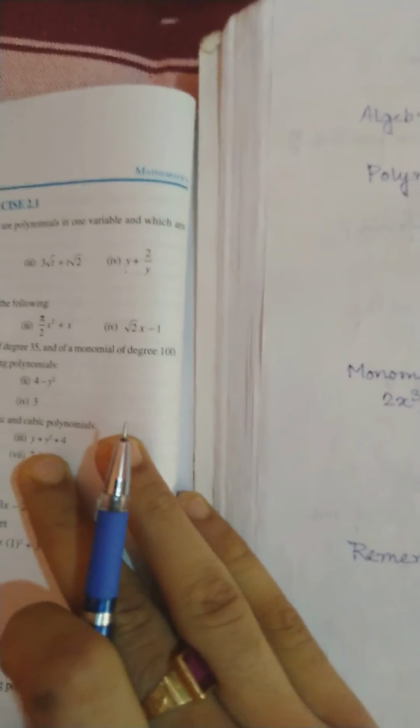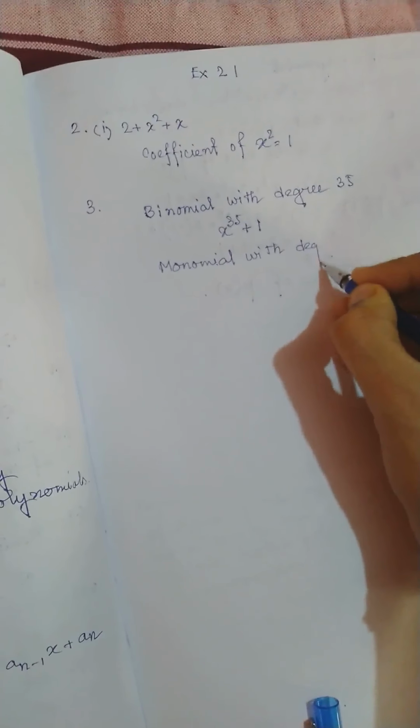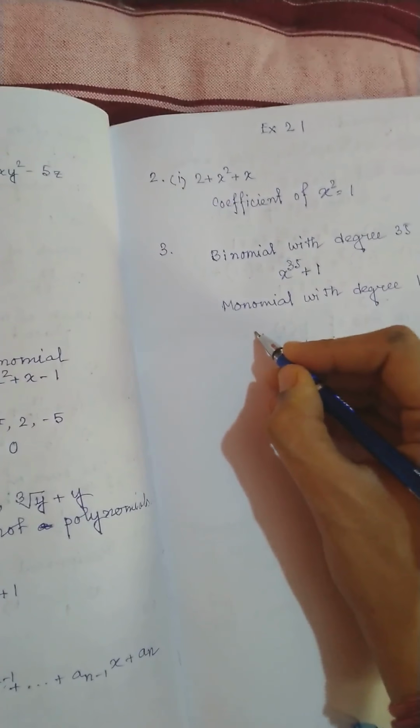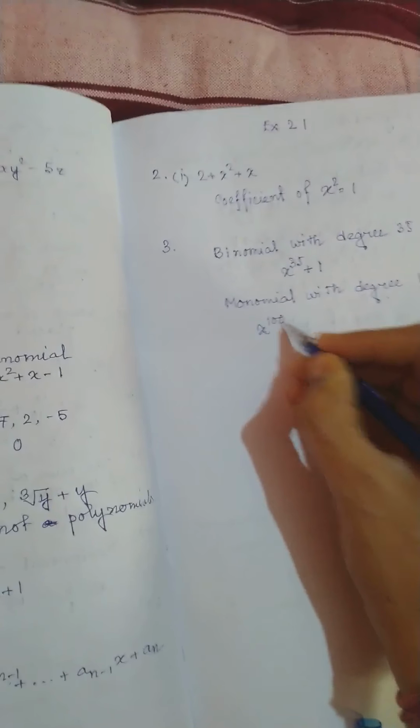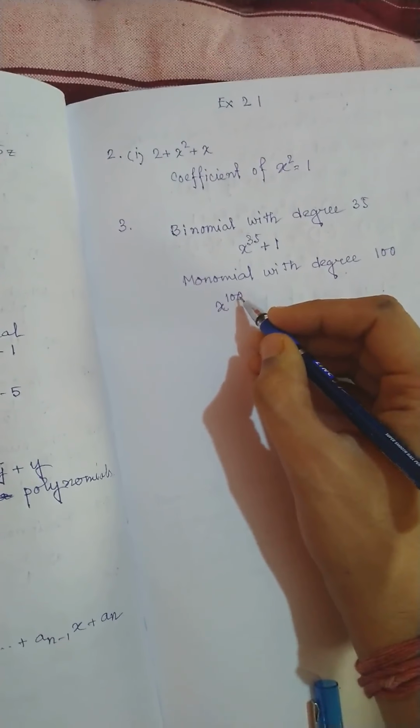Now, second one, the monomial of degree 100. It is very clear, monomial with degree 100. So what is the monomial with degree 100? x to the power 100 only. It is a single term of a polynomial and the power of x is 100.